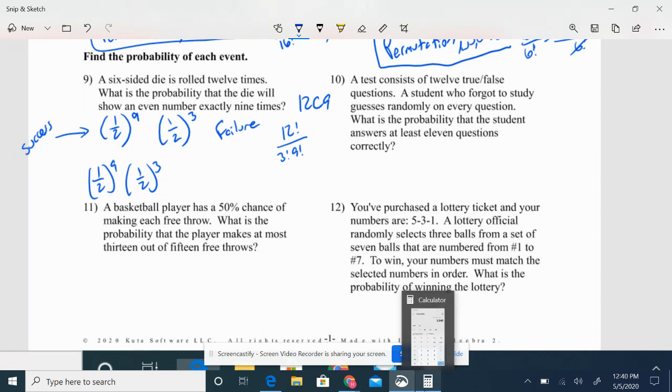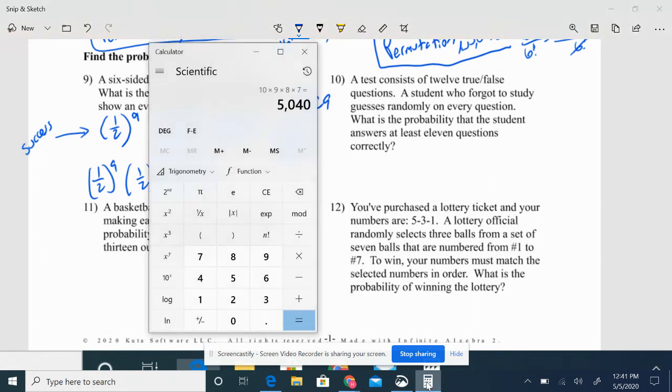I'm just going to call this 12 factorial over 3 factorial, 9 factorial. So that's what I have. My 1/2 to the 9th is success, 1/2 to the 3rd is failure, and 12 choose 9. All right, I'm going to grab a calculator for this one.